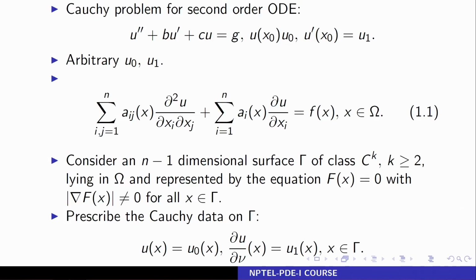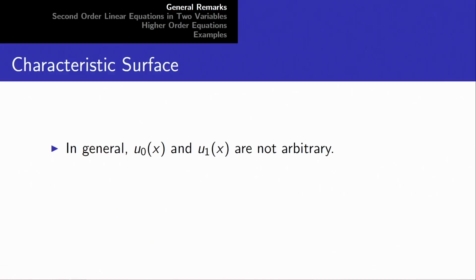Two initial conditions for the ODE are given, and similarly here it is a second order PDE, so we are giving two conditions. Unlike ODE, what we observe is that in general u0 and u1 are not arbitrary. This requires a great deal of computation, which I am avoiding here.